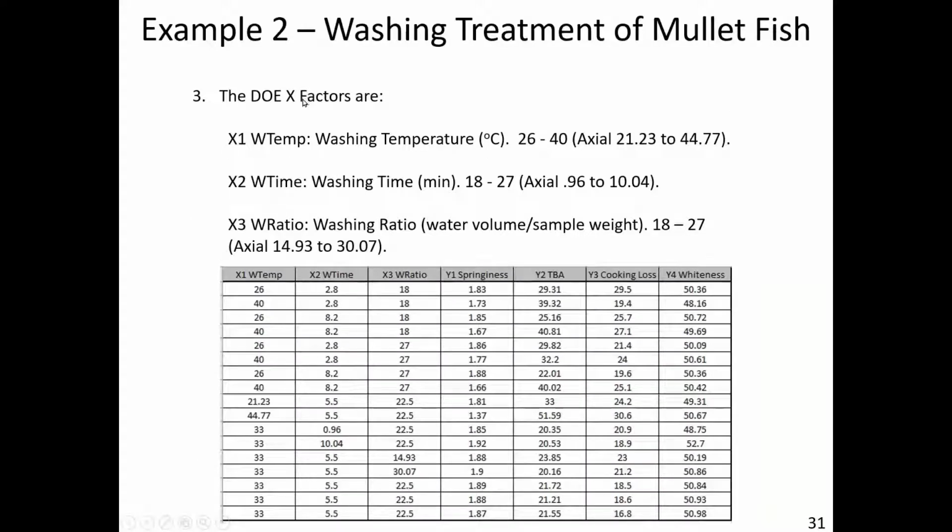The control X factors are washing temperature, washing time, and washing ratio. And the ratio is water volume over sample weight. So this experiment is all set up, and we're going to analyze the 4 responses.